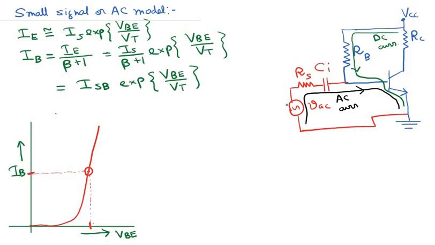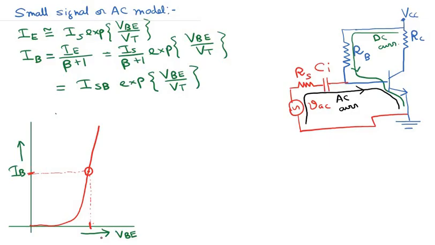Now what does this AC voltage source here do? Okay, so this AC voltage source changes the total voltage at the base to emitter junction beyond VBE. So this AC voltage source can either increase the base to emitter voltage slightly, or it may also decrease it slightly. Okay, so this is our DC point of the base to emitter voltage.